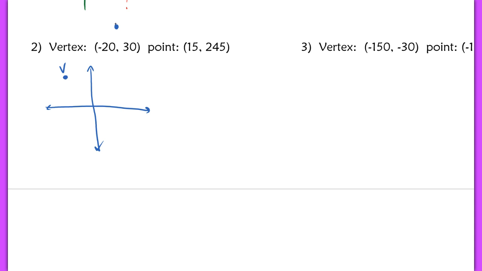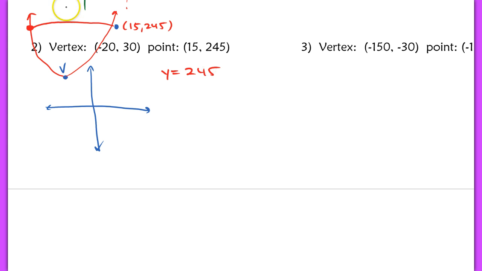If we're going to use the idea of symmetry, we would draw that parabola, and we know that this point has to be on the other side over here with the exact same y value. So if this was (15, 245), our new coordinate's y value is also 245.